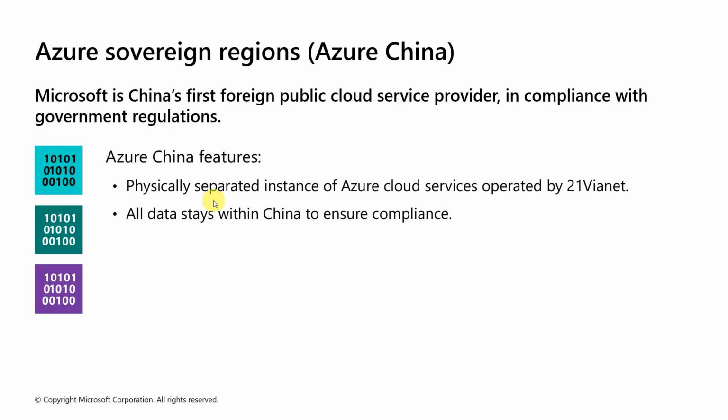But here, Microsoft Azure, with the help of an internet service provider called 21Vianet, in collaboration with these guys, they have regions even in China. And we cannot create Azure subscriptions by ourselves. We have to work with these guys and Microsoft to create subscriptions in China. So that's about China.